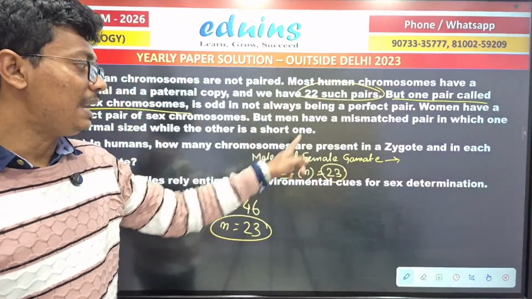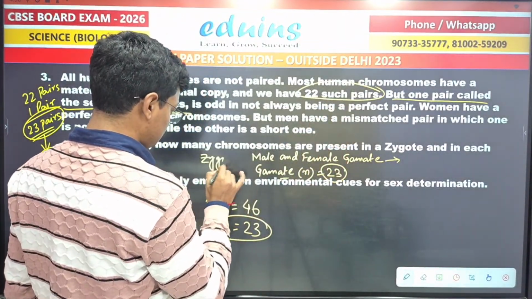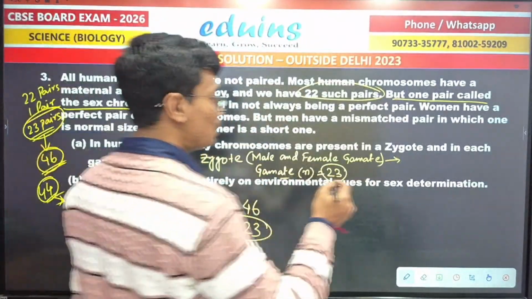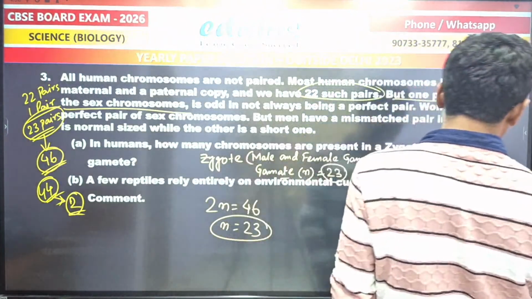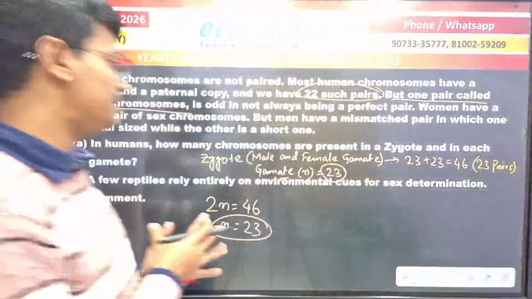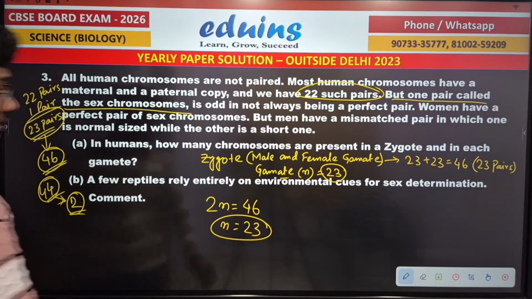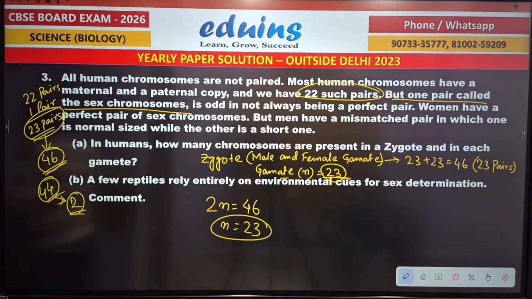But in the zygote there is the fusion of male and female gametes, that is 23 plus 23 equals 46, that is 23 pairs. I hope this is clear. So in the zygote the chromosome number is 23 pairs or 46, and each gamete contains 23 chromosomes. Clear?